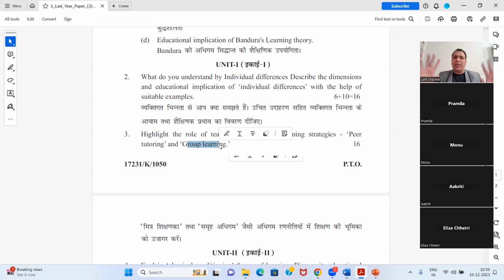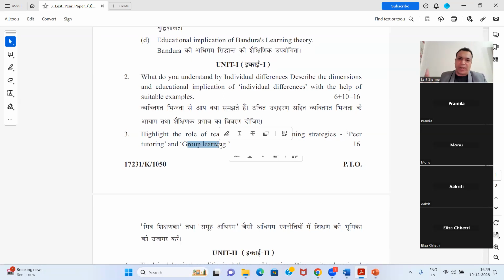In brief, I tell you, you can learn from the notes. Peer tutoring and group learning is a learning strategy where the teacher involves the students in order to stimulate the learning power of the student, right? The only difference is that in peer tutoring, if there are two students, one becomes the teacher and the other becomes the student.